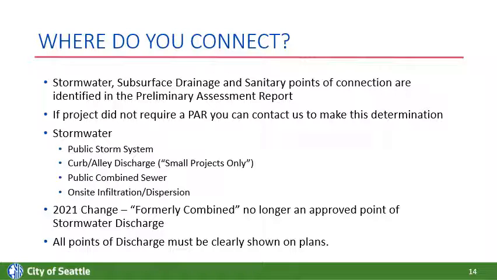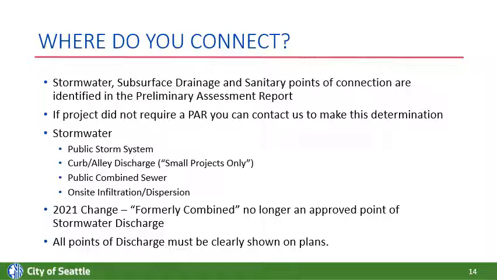Where are you connecting for your project? On the preliminary assessment report, all of these approved points of discharge are going to be identified. If the project didn't require a PAR, or if you're unable to find that information, again, feel free to contact us. We can help identify those approved points of discharge.